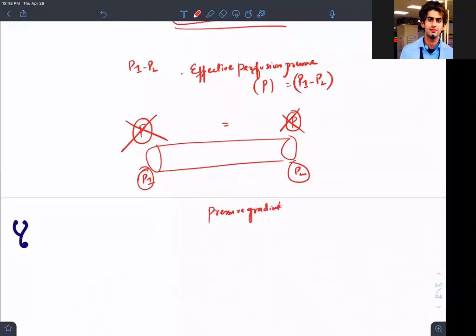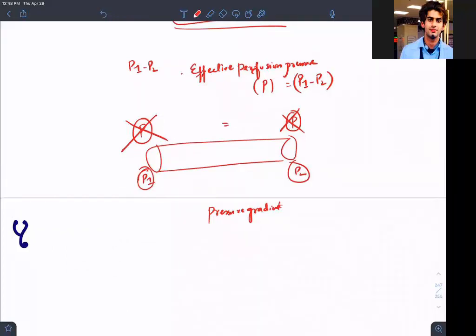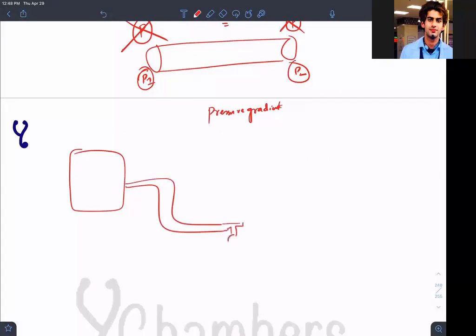For example, you want to supply water to your pipelines at home. You keep one place at high pressure, and then you give this to the supply. Only then is the flow possible.